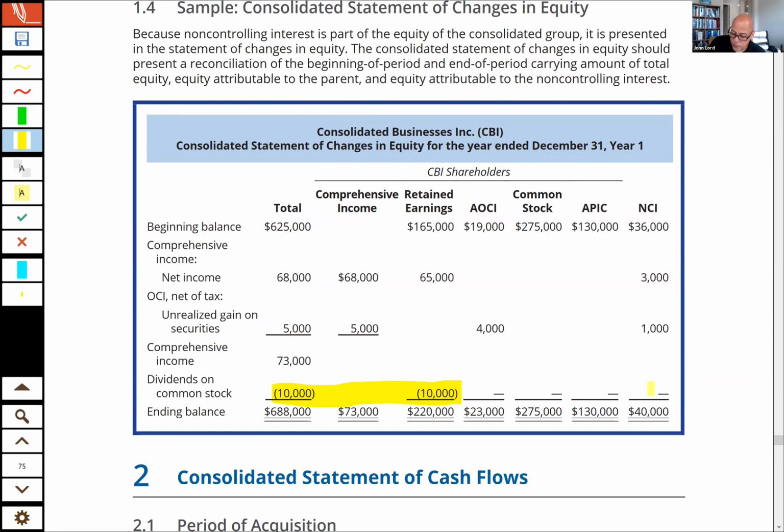Now, if there was a dividend paid out by the subsidiary, the share of dividend that is paid out to the non-controlling interest would be a subtraction from this column. Remember, this is like the retained earnings of the non-controlling interest. So if there is a dividend paid by the subsidiary, we only show it as a subtraction from the non-controlling interest portion of the equity. The dividend that is supposedly being paid to the parent is not reported here. Okay.